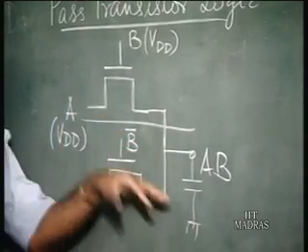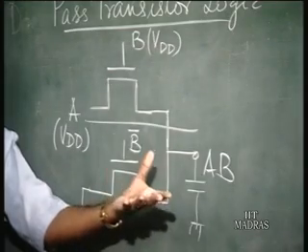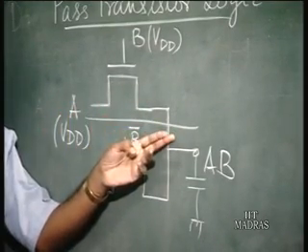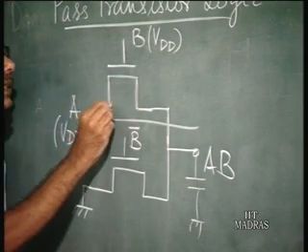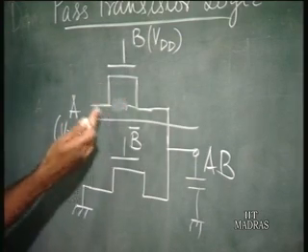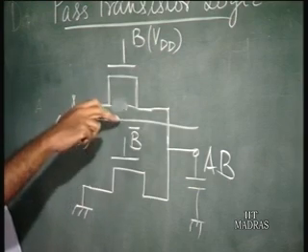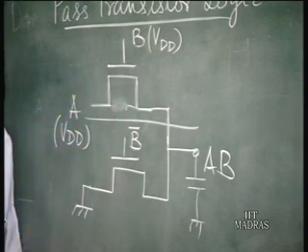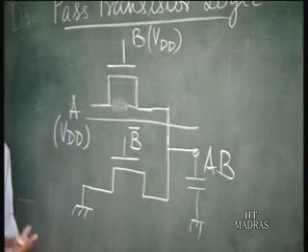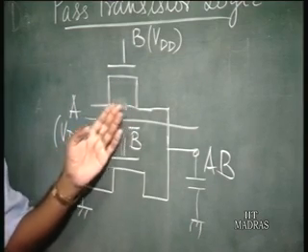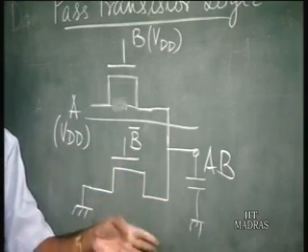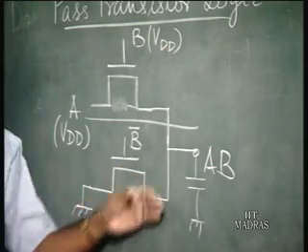This output has to be charged to VDD, so the output rises. Basically you can consider this transistor as a resistance. When this transistor turns on, it is a very low resistance, and when it is off, it is a very high resistance. So when this is a low resistance, this capacitance is going to charge with an RC time constant. Slowly it approaches VDD.